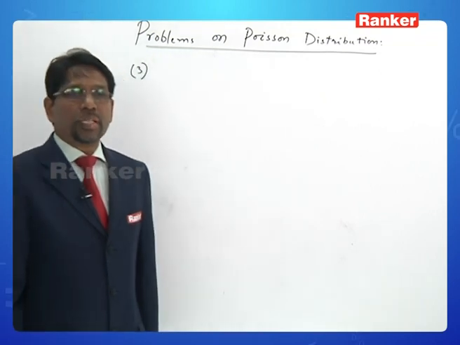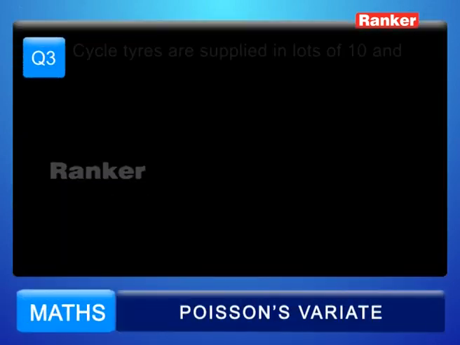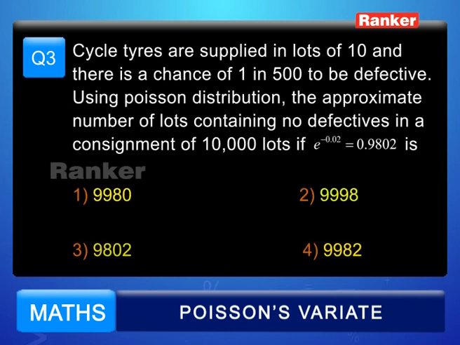So, let us move on to the next question on Poisson distribution. Problem number 3. Cycle tyres are supplied in lots of 10. There is a chance of 1 in 500 for a cycle tyre to be defective. Using Poisson distribution, find the approximate number of lots containing no defectives in a consignment of 10,000 lots, if e power minus 0.02 is given to be 0.9802.